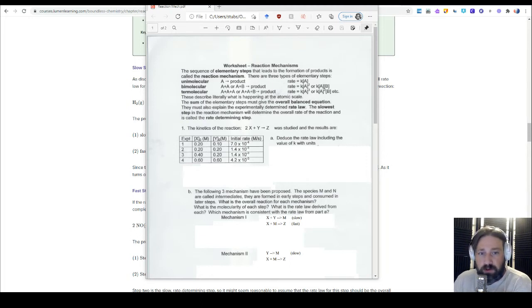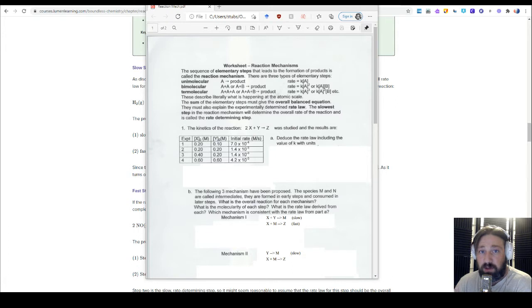Hey everyone. So today I want to talk a little bit about reaction mechanisms. We've gone over reaction mechanisms before. I kind of rolled it into the elementary steps lecture, where you propose a reaction mechanism, and you go through. Remember that the slow step is going to be your actual rate law.